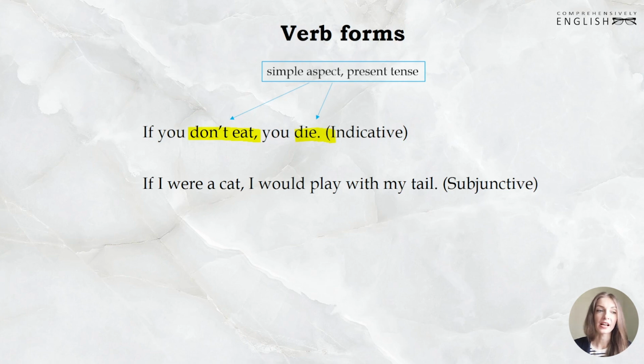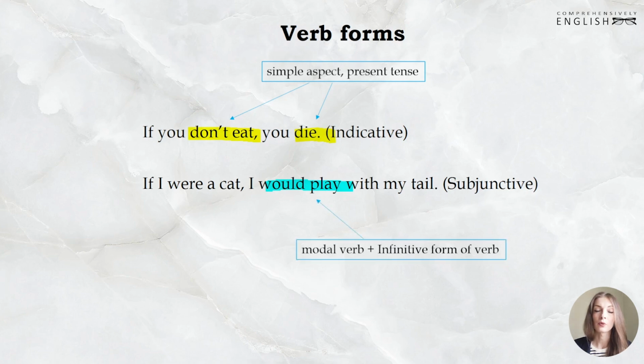If I were a cat, I would play with my tail. This subjunctive mood is used here. So I would play is a modal verb plus the bare infinitive, which we also call the analytical subjunctive. And in the subordinate clause of the sentence, we have this were. What is it? It's the synthetic subjunctive.